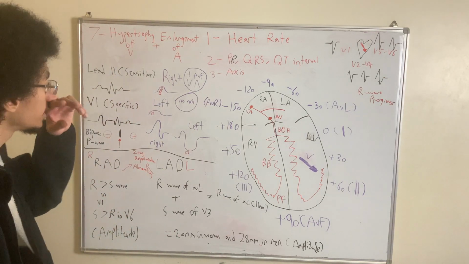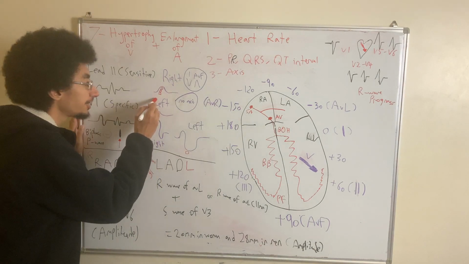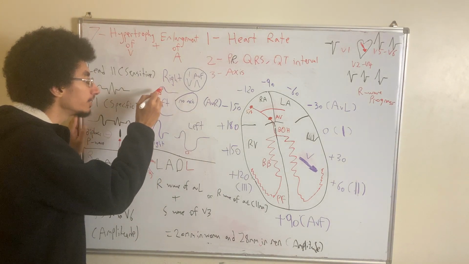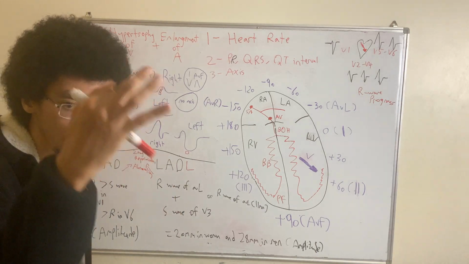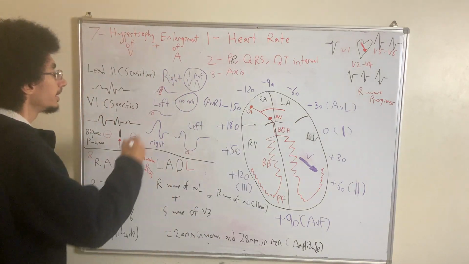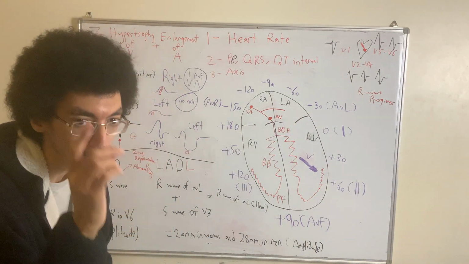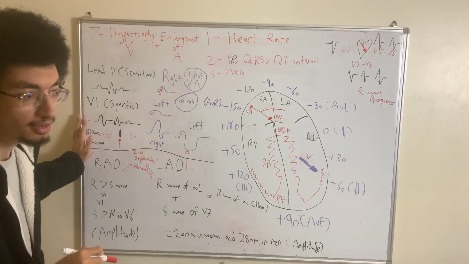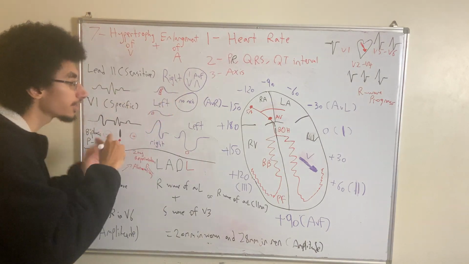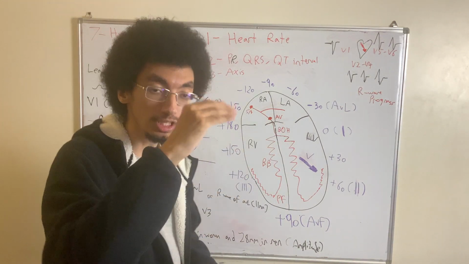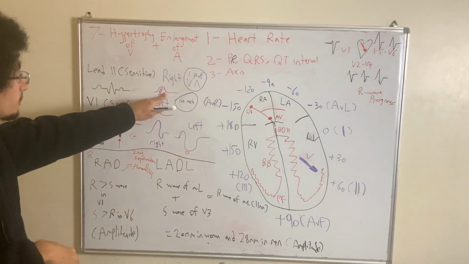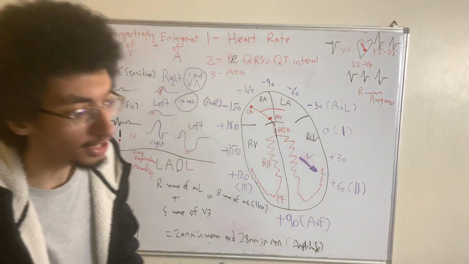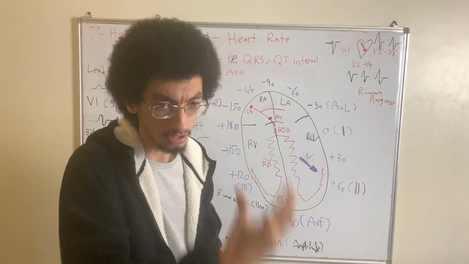In lead 2, if I see that the amplitude of the P wave exceeds 3 small squares, meaning if I count the number of small squares of amplitude, 1 millimeter, 2 millimeter, 3 millimeter, if I see this P wave is within the third small square, 3 millimeter or above, then this confirms for me more than likely right atrial enlargement.